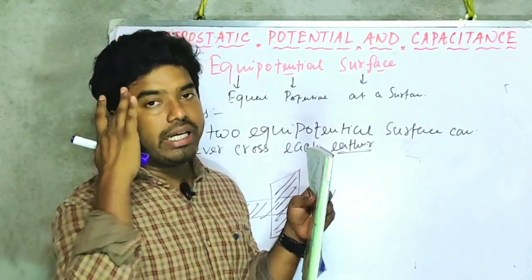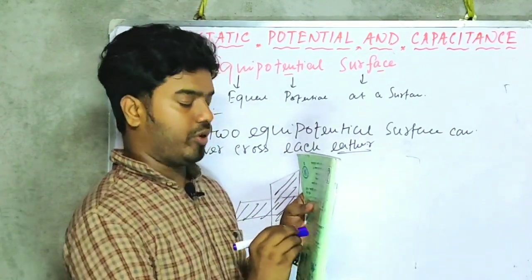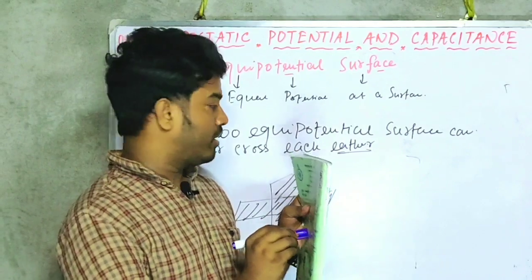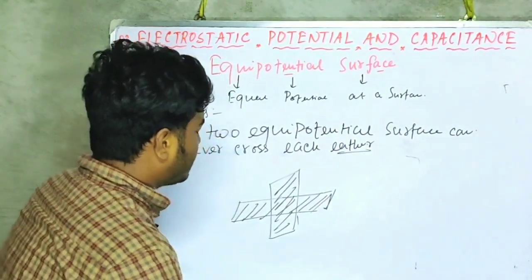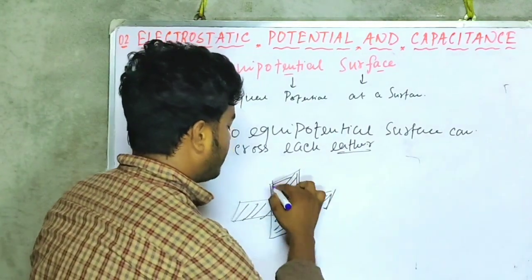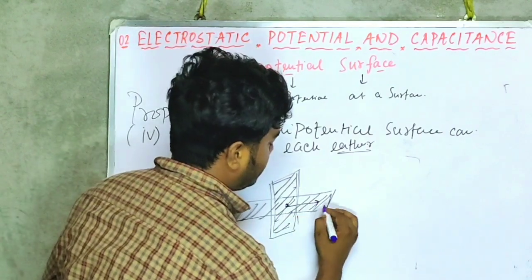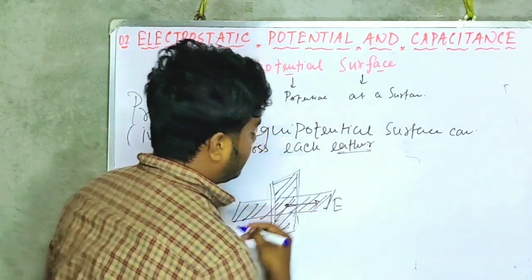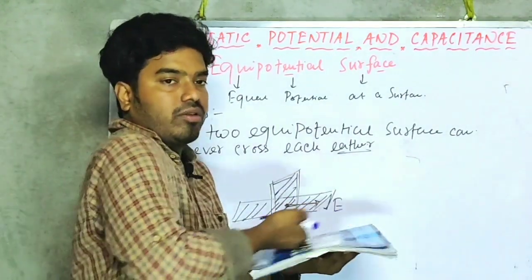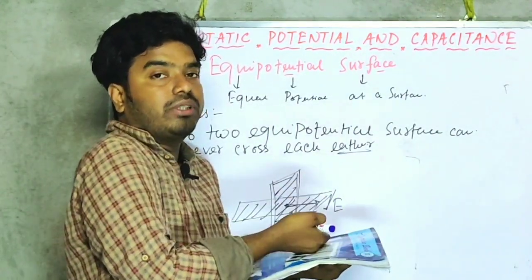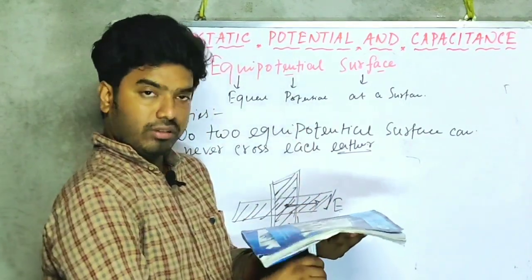What will be the direction of electric field? Along that side, normal, or maybe that side. Clear? And if I consider this is an equipotential surface placed horizontally, what will be the direction? It will be along that side, or it may be along that side.